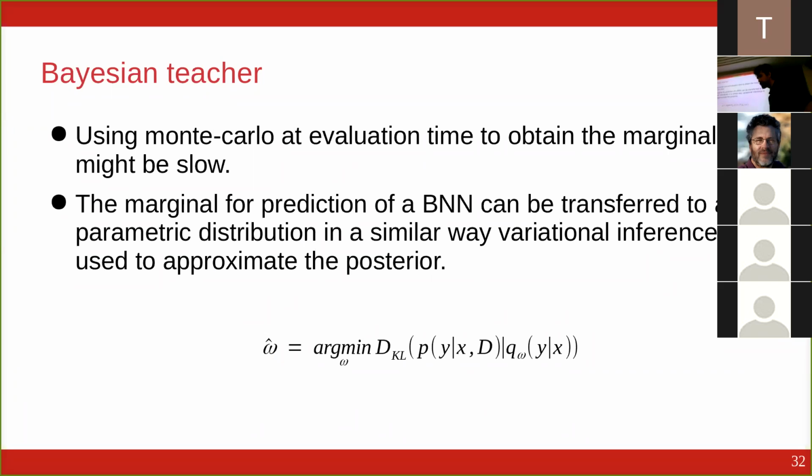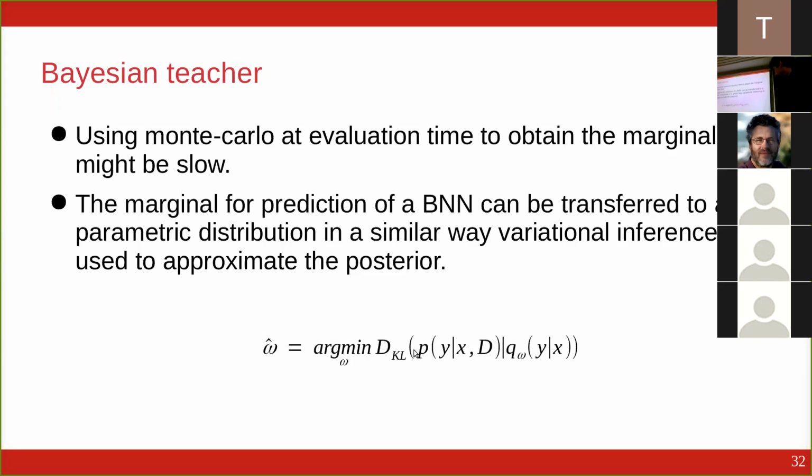And then you train a point estimate neural network to approximate a variational distribution Q, to approach the posterior distribution you are seeing for the training set.